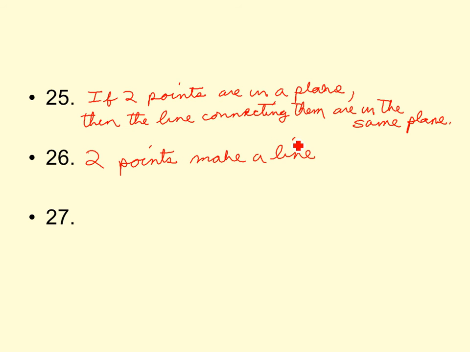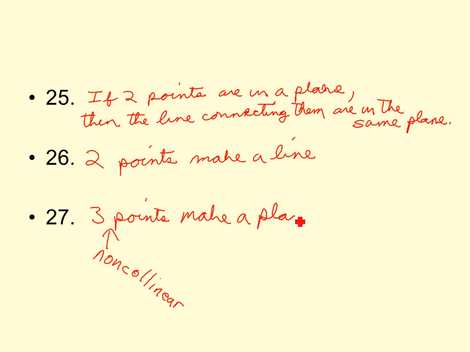I look at the picture, Y is in the blue plane, D is in the yellow plane, C is in both planes, but again, since they're non-collinear points, we know that any three non-collinear points make a plane. Any three non-collinear points make a plane.